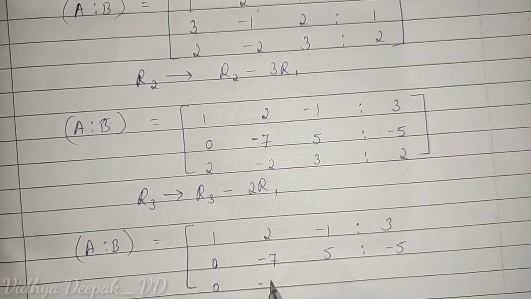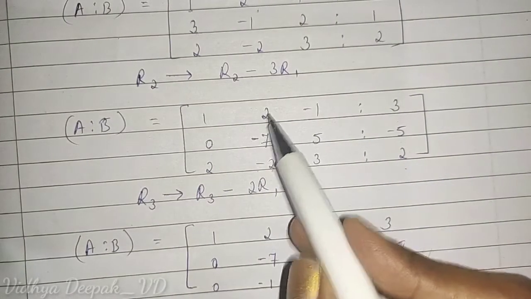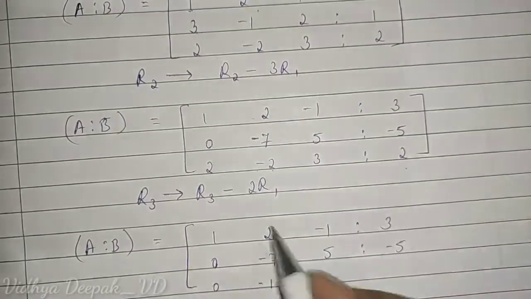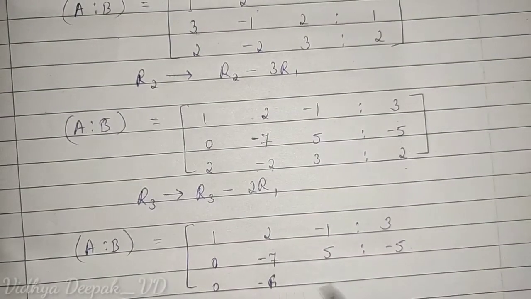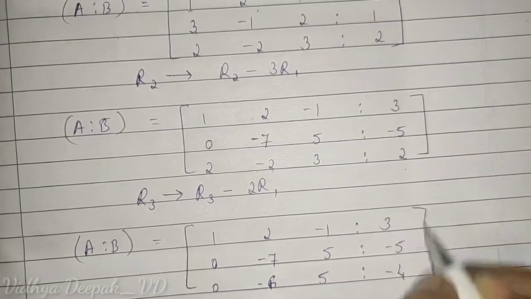So what is the answer? Minus 2 minus 2 2s are 4. It is minus 6 and 5 minus 4.